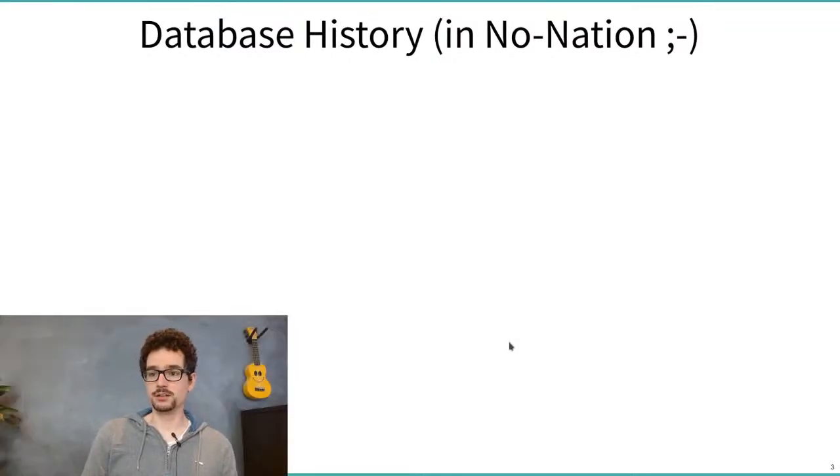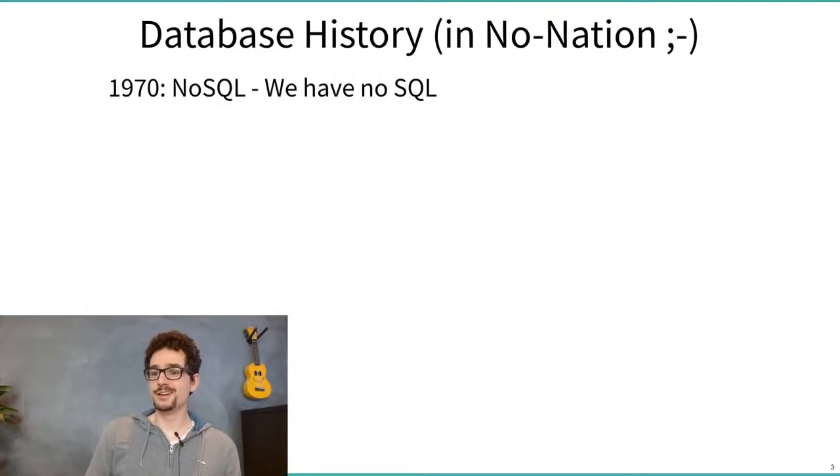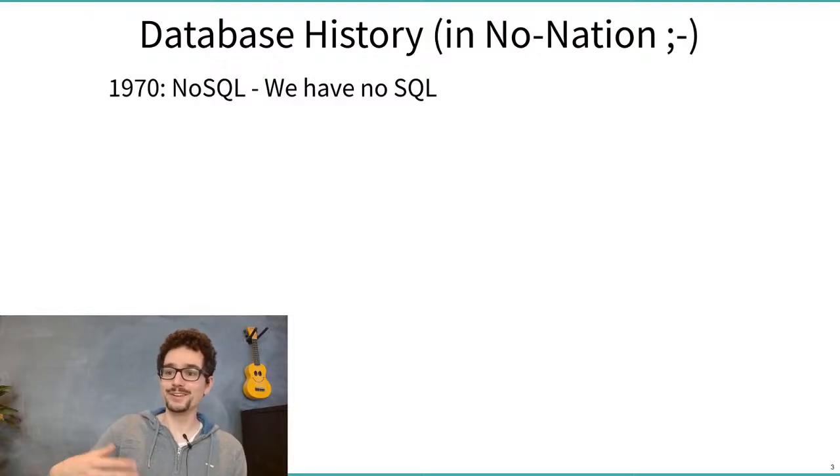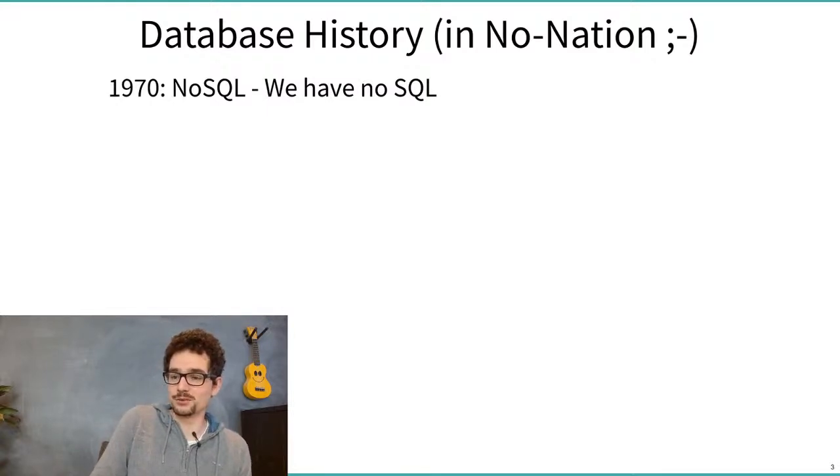Here we see the meaning of NoSQL. In the 1970s, NoSQL could mean we don't have SQL, we have no SQL. Of course, that's not the meaning of NoSQL, and nobody used the term NoSQL when there was not yet SQL.